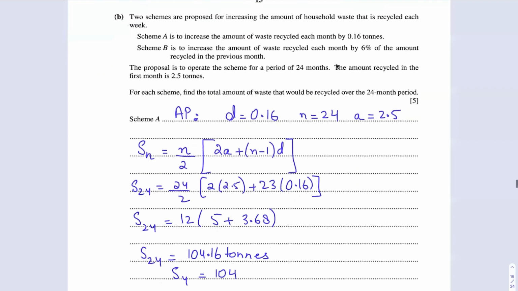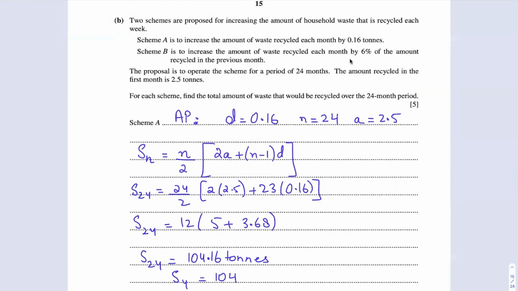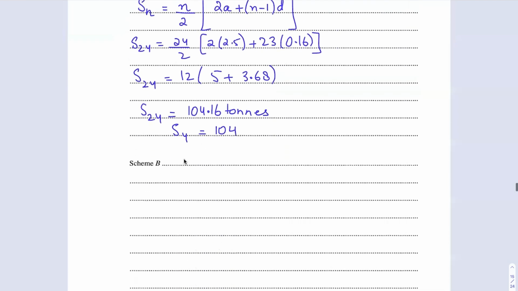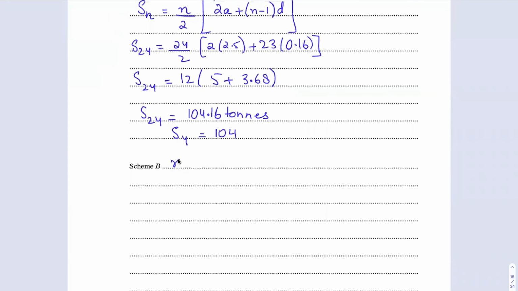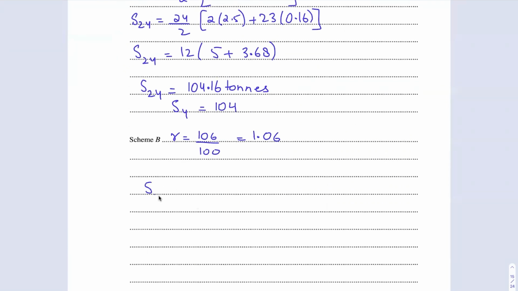For scheme B, the amount of waste recycled is increasing by 6%. So we know that this is a geometric progression, and the common ratio will be 106% as it is increasing by 6% from the original value, which gives us our common ratio as 1.06. The sum of 24 terms would be, the formula is a into r to the power n minus 1 upon r minus 1 when r is greater than 1.